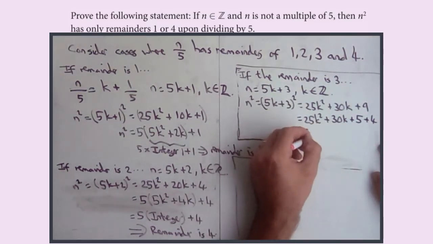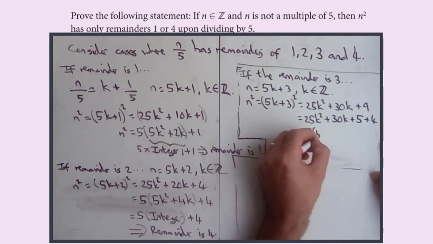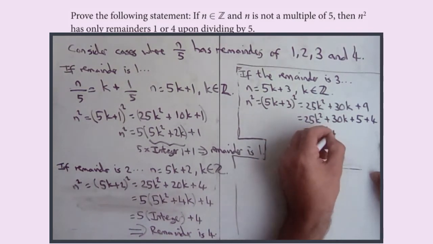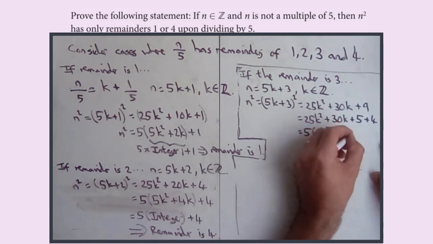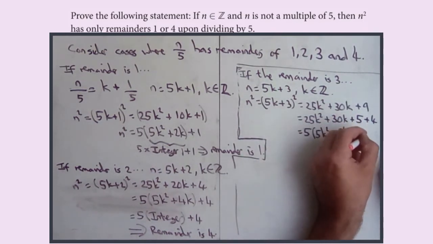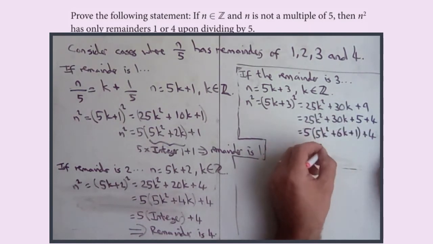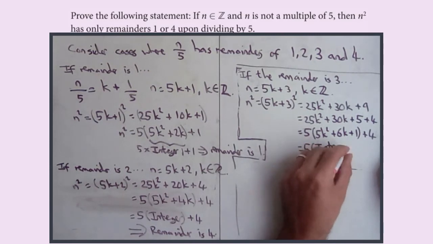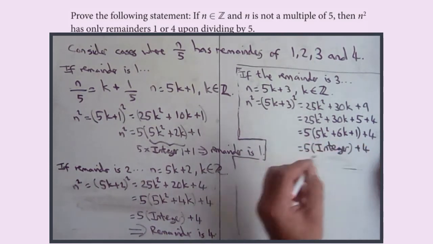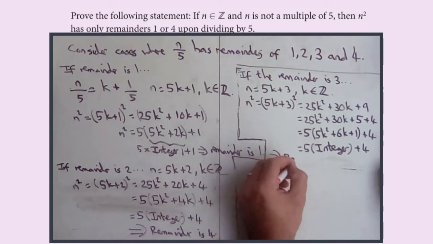So that is 5 times (5k squared plus 6k plus 1), close the bracket, so I've taken a 5 out of all of those, and then we've got the 4. So this equals 5 times an integer plus 4. That means the remainder is 4. So we're still on track.